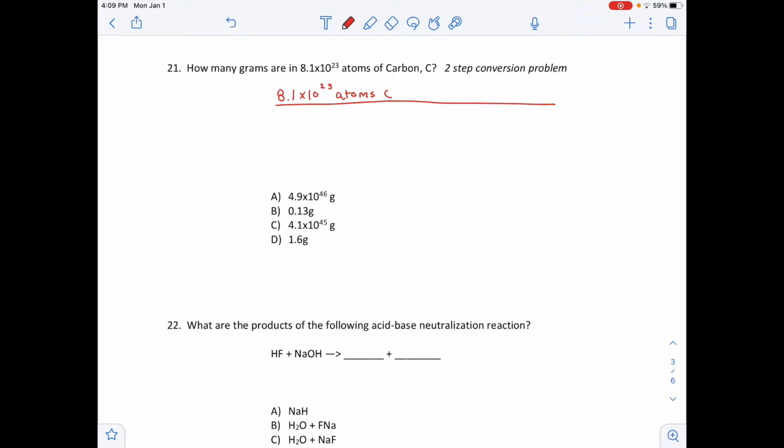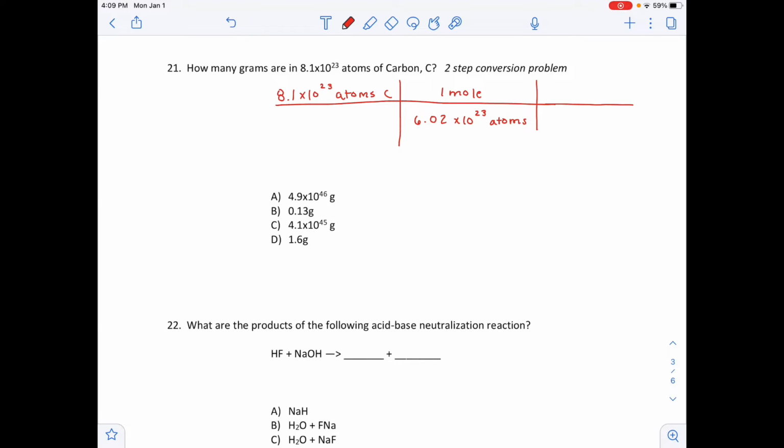You draw this fence to help set up the problem, and to convert from atoms to moles, you have to use Avogadro's number, which is a number that you should know by memory, to be 6.02 times 10 to the 23rd atoms on the bottom, and you do 1 mole on the top.